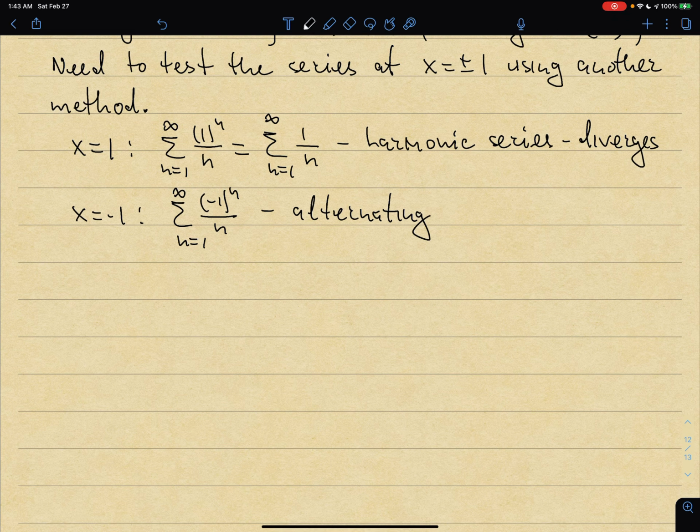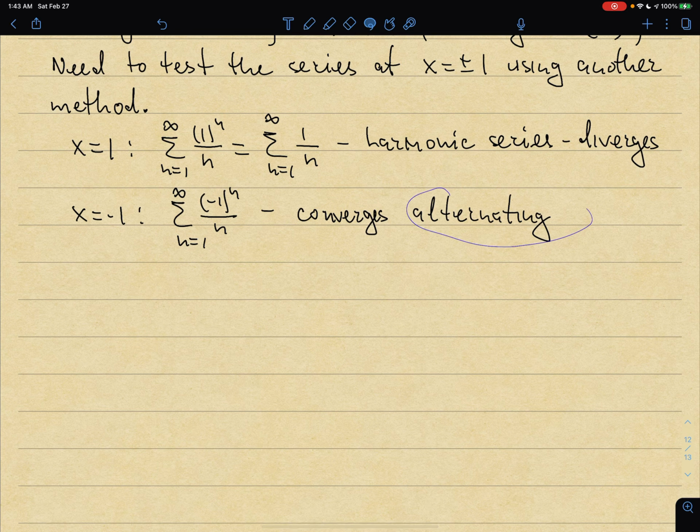When, without the minus 1 to the n, in this case 1 over n remains, if that sequence 1 over n is monotone decreasing and goes to 0. And clearly 1 over n is monotone decreasing and goes to 0. So this series then converges by the alternating series test.